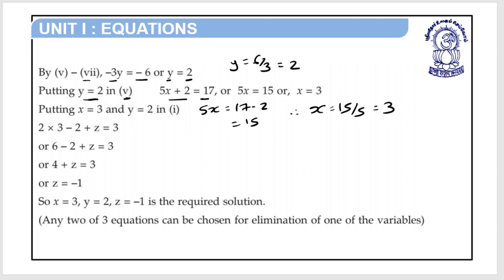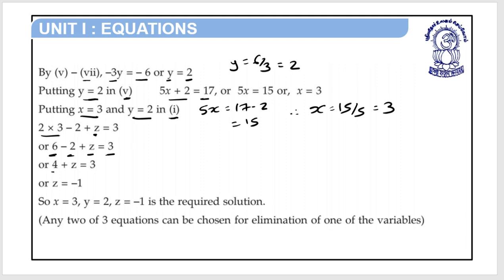Now we have two values, x is equal to 3 and y is equal to 2. So we can easily find the value of z. Putting x is equal to 3 and y is equal to 2 in equation number 1, 2 into 3 minus 2 plus z is equal to 3. 2 3s are 6 minus 2 plus z is equal to 3.